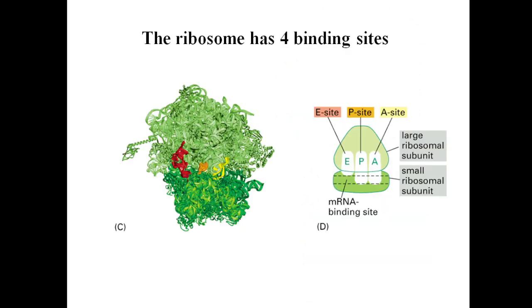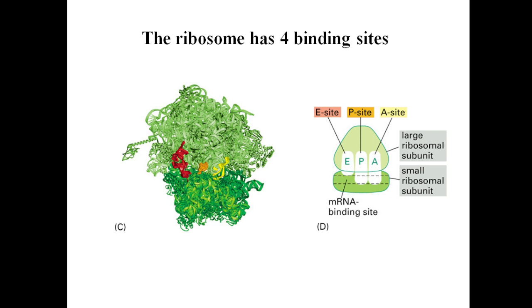And in the whole collected ribosome there are 4 sites for binding of components of translation. One is a site for binding of messenger RNA in the small subunit, and 3 sites for binding of transfer RNA, the complex of transfer RNA and amino acid.